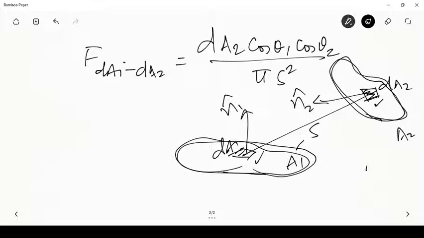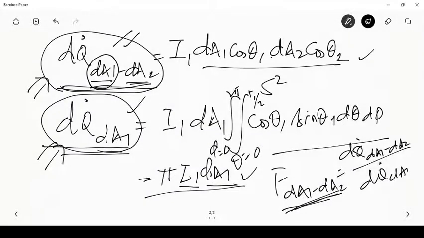So if I do that integral, basically I'll need to integrate these quantities over area A1 and area A2. Okay, so let us write the expressions dQ dot for A1 and dQ dot for A1 to A2. Just like we wrote for dQ dot for dA1 to dA2 and dQ dot for dA1, we'll need to write dQ dot for A1, which will basically be nothing but this expression integrated over the area A1.